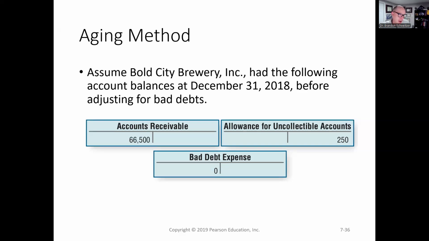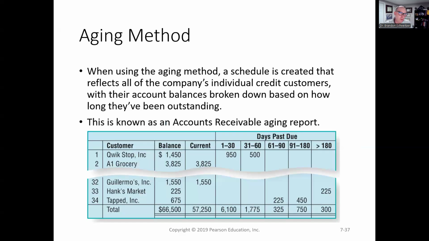It's an accounts receivable aging report, and it shows us a list of all of our customers, their current balances, and if they owe us anything that's current, 30 days past due, 60 days past due, 90 days past due, 120 days past due, 180 days past due, etc. And based off of that aging report, I can estimate how much we're not going to be receiving back.